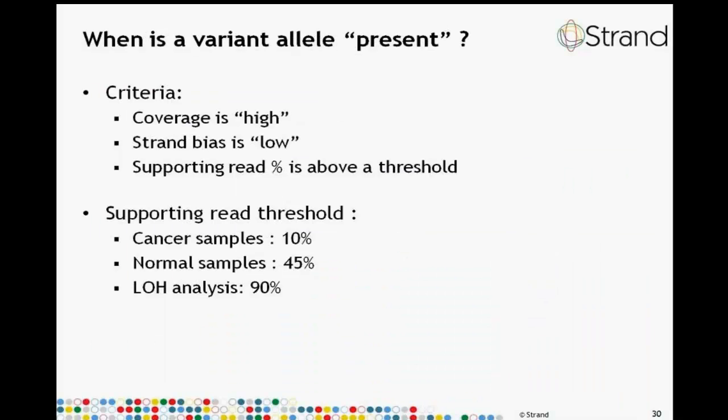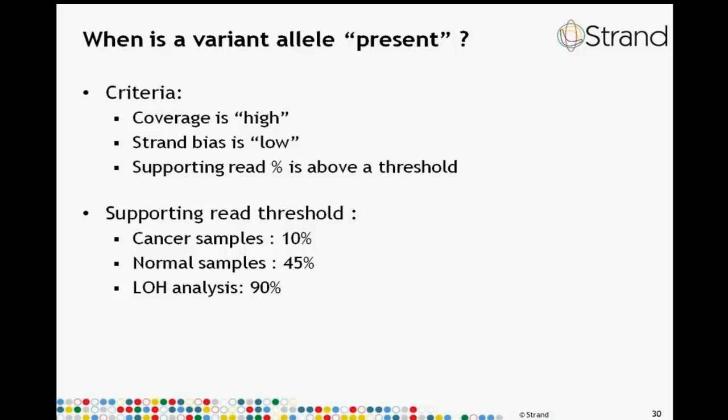So to see how to go about prioritizing these variant alleles, we'll step back and define the commonly expected criteria. For instance, when would we consider a variant allele to be present in a sample? We would consider it to be present if the coverage is high at that location, if the strand bias is low, and the supporting read percentage is above a particular threshold.